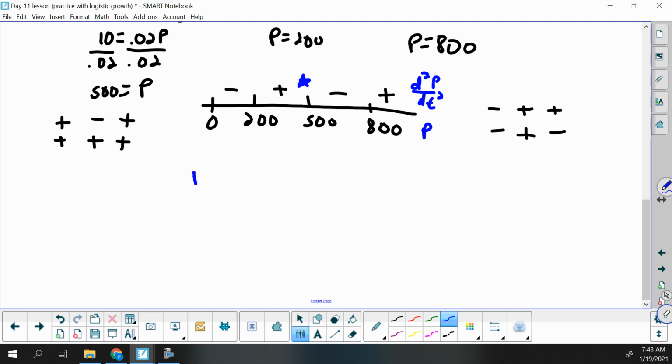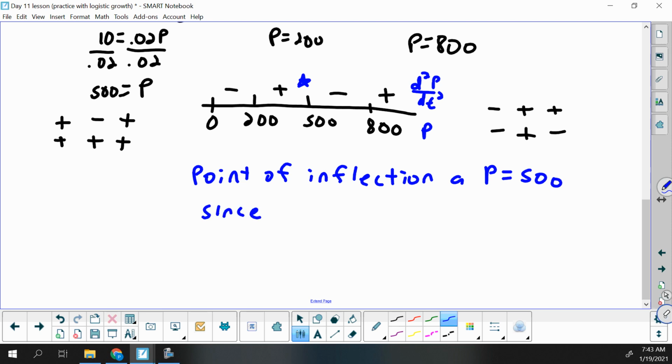So we'll say point of inflection at p equals 500, since d2p over dt squared switches signs.